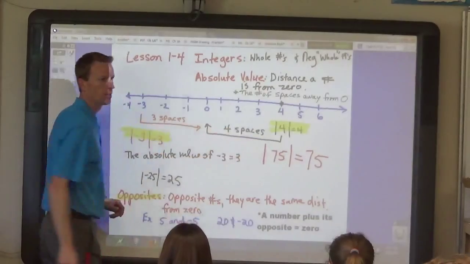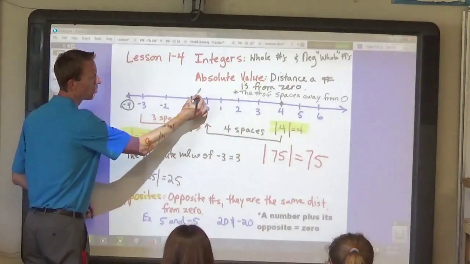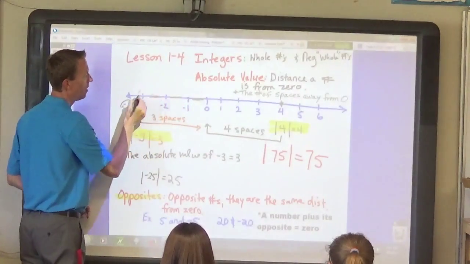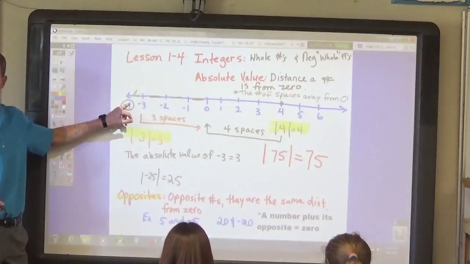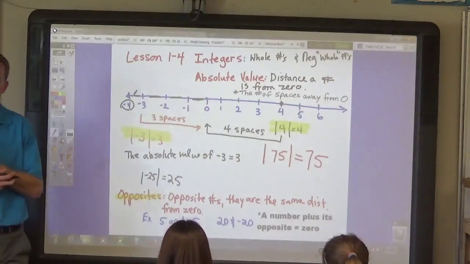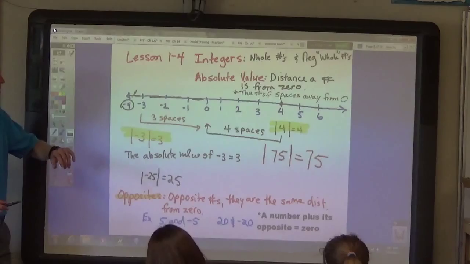And negative 4 is also 4 spaces away from 0: 1, 2, 3, 4. So 4 and negative 4 are opposites. That's what the term opposites means.